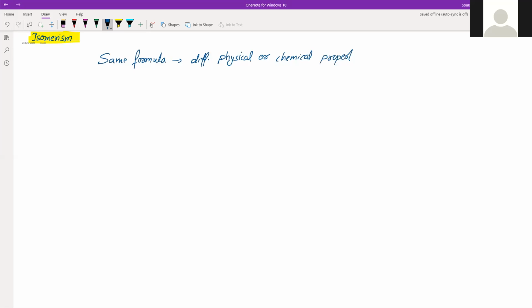This phenomenon is called isomerism, and the substances which exhibit this phenomenon, that is, two structures having the same formula but different physical or chemical properties, are called isomers.